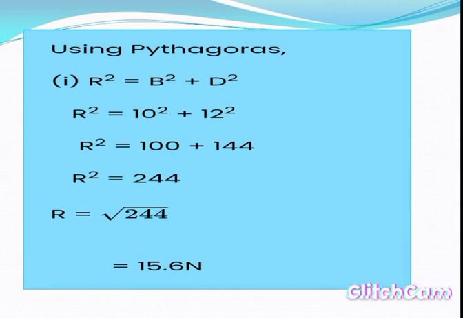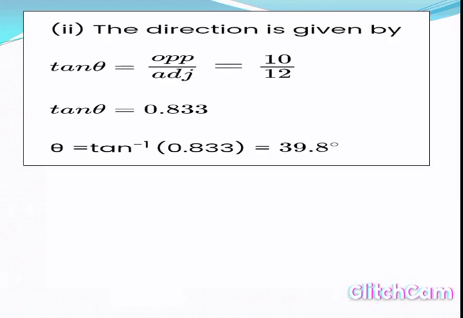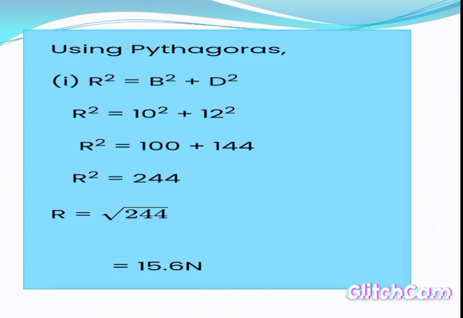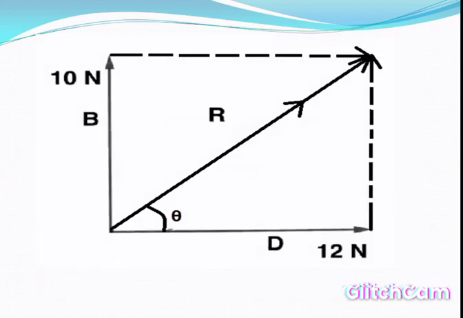So we have to look for the angle or the direction of the resultant. So by doing that, we are going to apply trigonometry. Now if you take a look at this diagram, you will find out that the side that is opposite to B is also 10 Newton. So that side is opposite to angle theta.